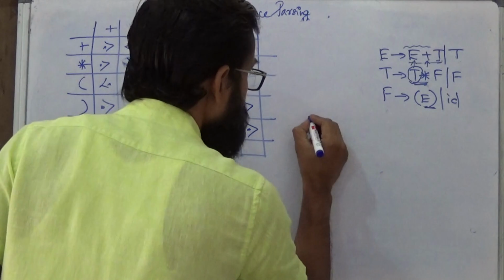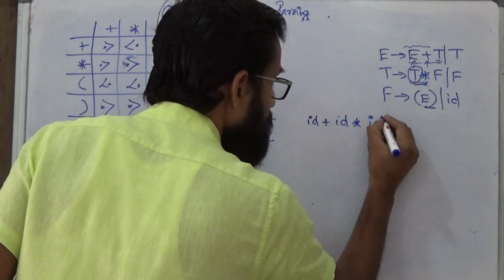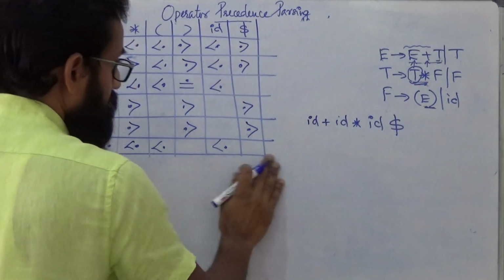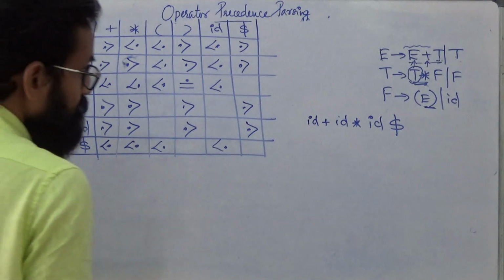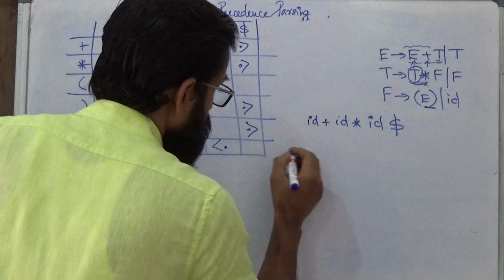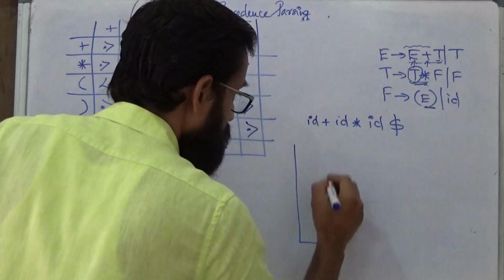Let the input string be id plus id star id, which will be delimited with dollar. So you will have the stack.